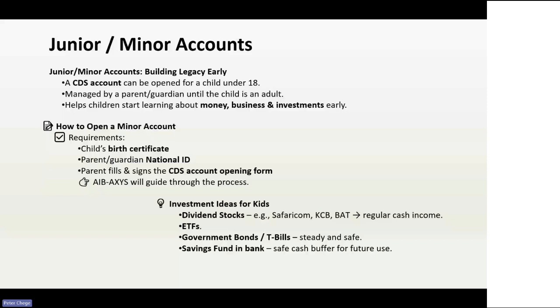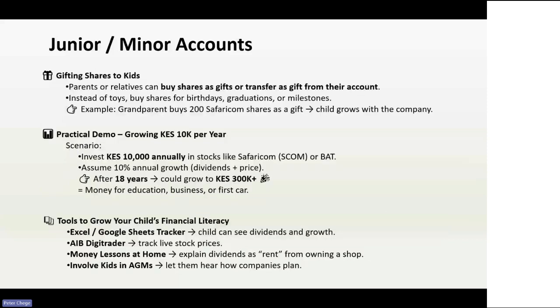So one way you can support your kid is by gifting them shares. Maybe they have performed well. They don't know they have a junior account. Just give them shares as a gift. And one way is transferring shares from your account to their account. When you open account, you have bought some shares. They already know you are buying shares. Surprise them one day, maybe during birthday. Filling that form for gift, where you can gift somebody else shares.